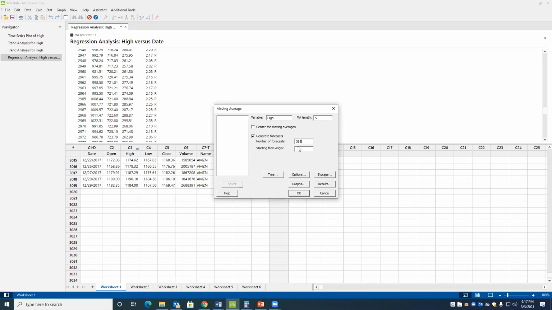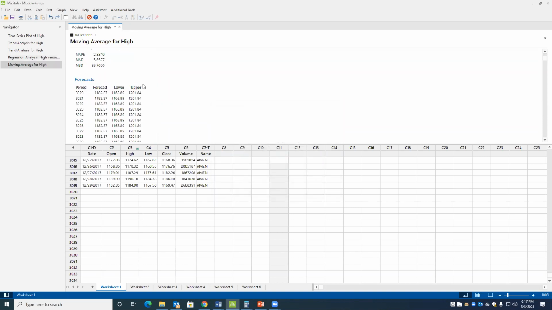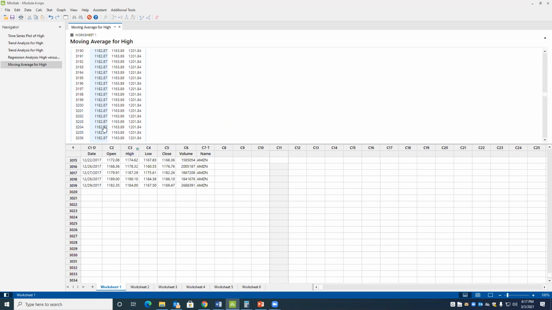I'm not putting a starting point, otherwise it can automatically take from the next point. And you can see 1184, and you can see 1182, and the constant value doesn't matter how long you go into the forecast.